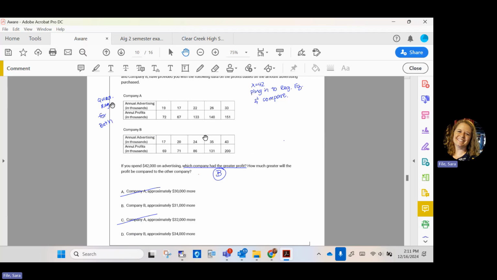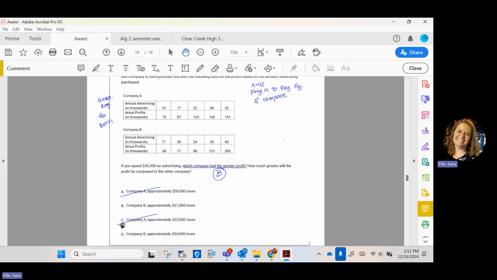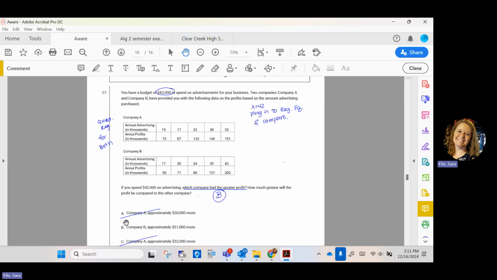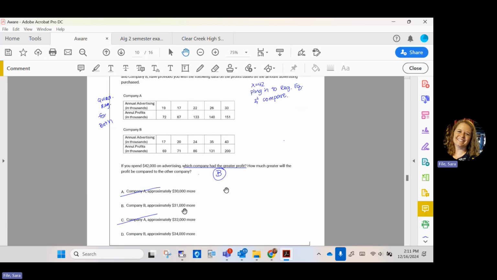So that is not a pretty question. I'll just tell you the answer choice is supposed to be C in AWARE, because it was set up as linear. So just keep that in mind. Number 27 in AWARE is going to be C, but really there's not a correct answer choice there if you ran it as quadratic, which it should be.